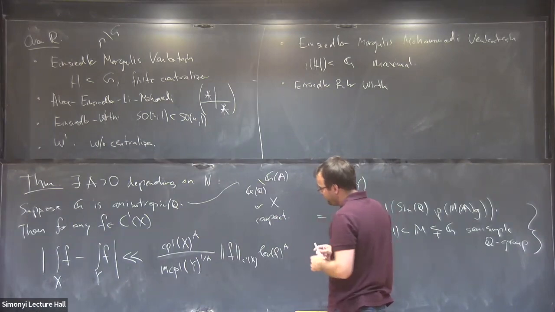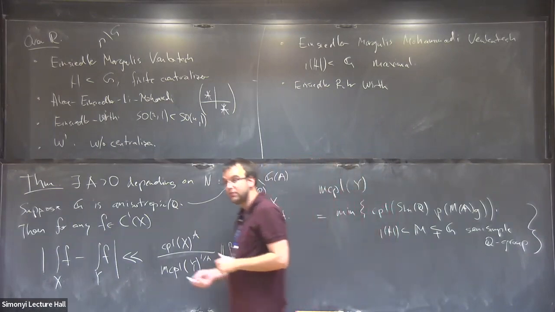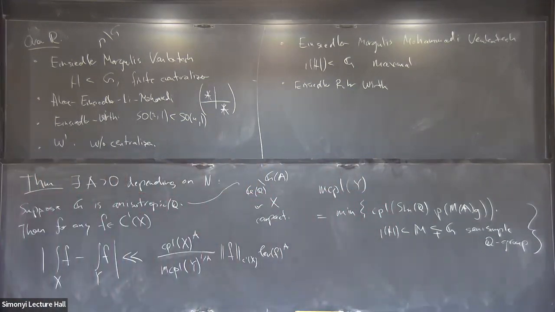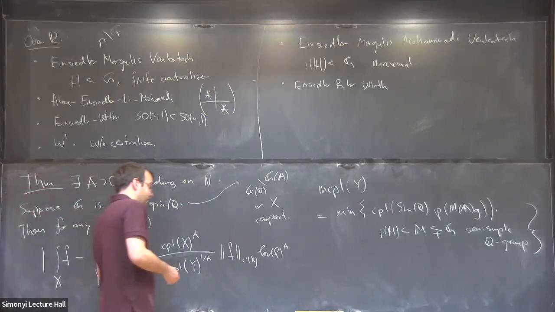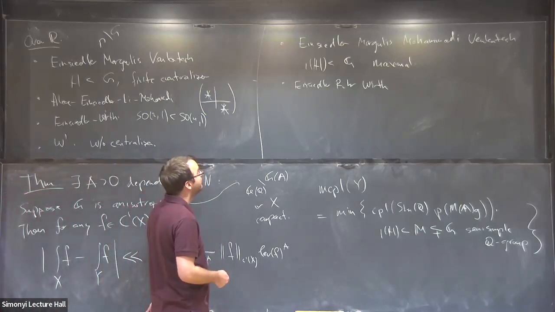I want to explain how a theorem of this type can say anything in the direction of the application that we had at the very beginning, for global principles of quadratic forms. And just to be clear, that's not something that goes back to us. That's something that goes back to the theorem of Ellenberg and Venkatesh that we had earlier. Okay, but still, I think it's important to see.